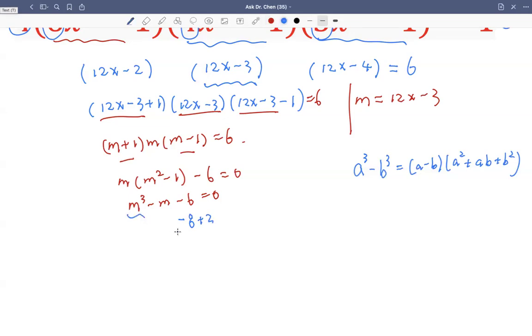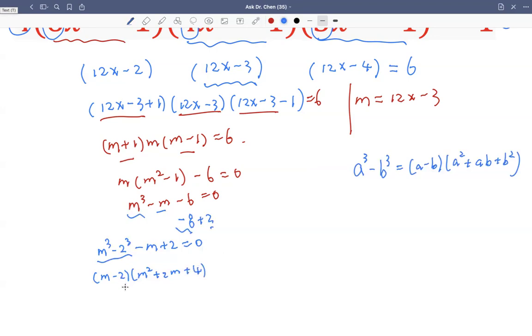Because m cubed minus 8, that's m cubed minus 2 cubed. Then we have negative m and positive 2. That's negative m plus 2. So this one we can factor as m minus 2 times m squared plus 2m plus 4.